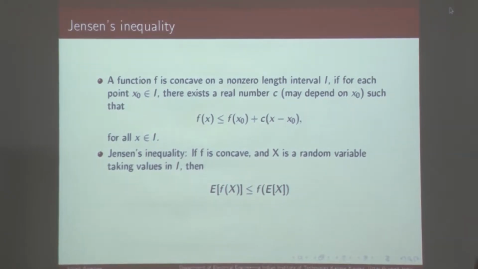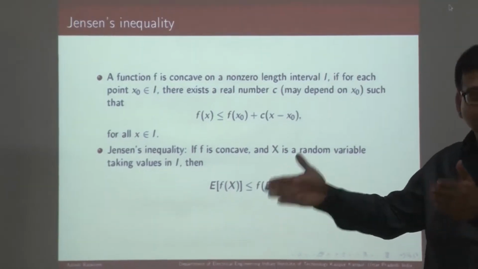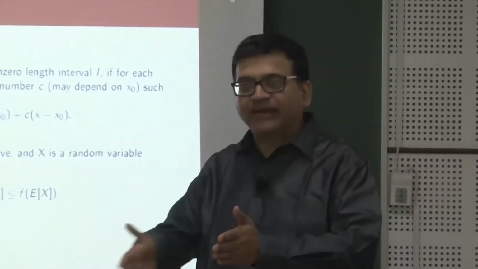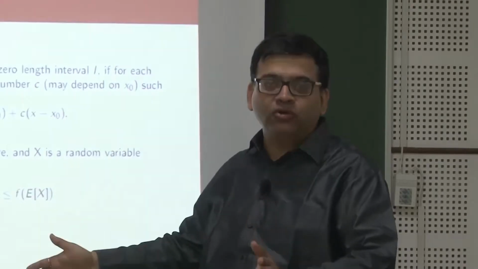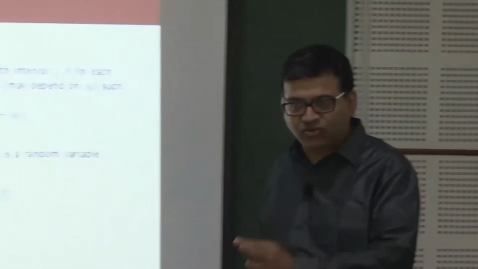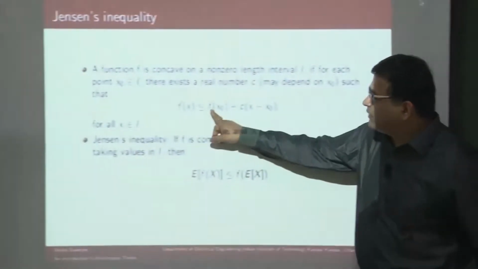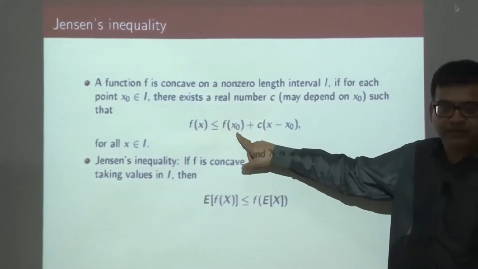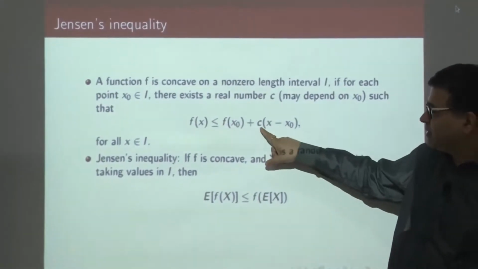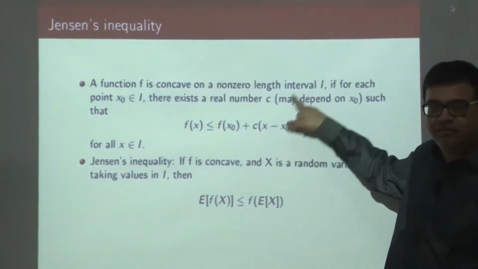I can take that because x naught lies in that interval over which the function is concave. So, I can take my x naught to be equal to the expected value of x. If I choose my x naught to be the expected value of x, then what is going to happen? f of x naught will become f of expected value of x. This was c times expected value of x minus expected value of x, that will be 0.